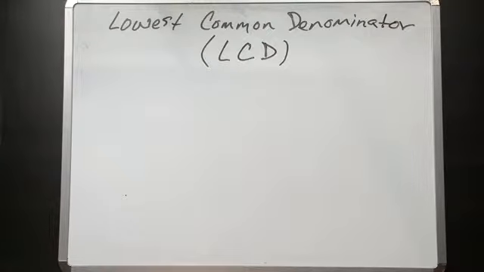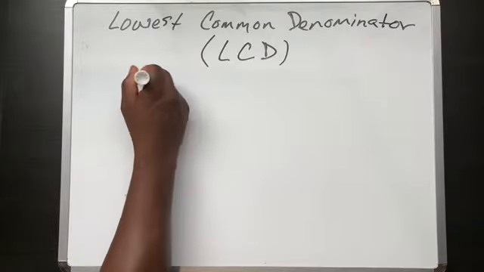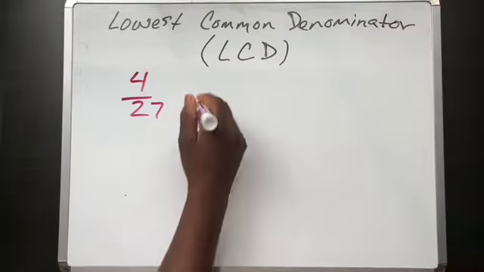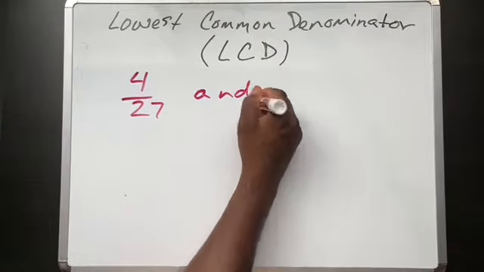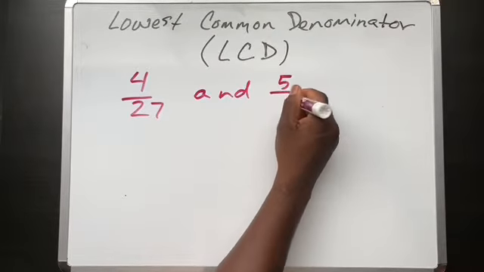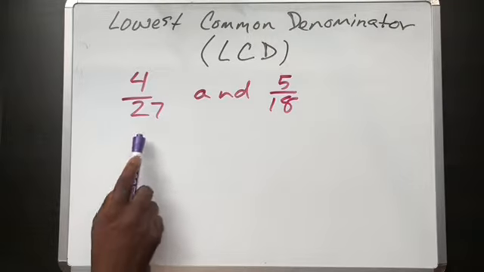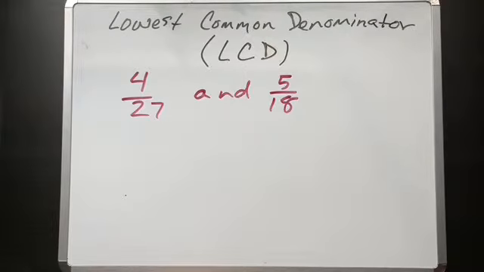fractions. So let's say we're given 4 over 27, and we're given 5 over 18. And we want to find the lowest common denominator that exists between these two numbers, 27 and 18.